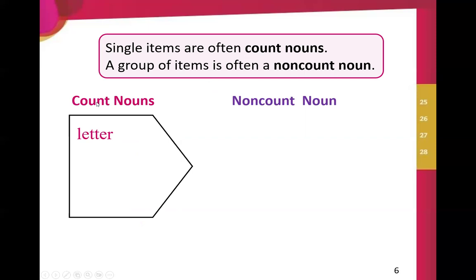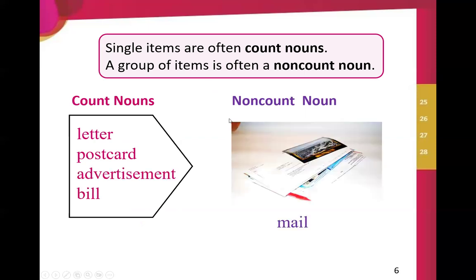For example, letter, postcard, advertisement, bill are count nouns. But mail is a non-count noun. Mail means all of these kinds, or what we call letter, postcard, advertisement, bill, email, and so on.